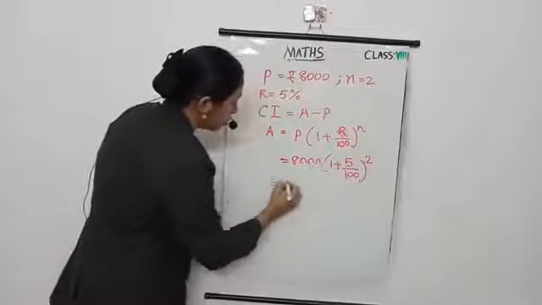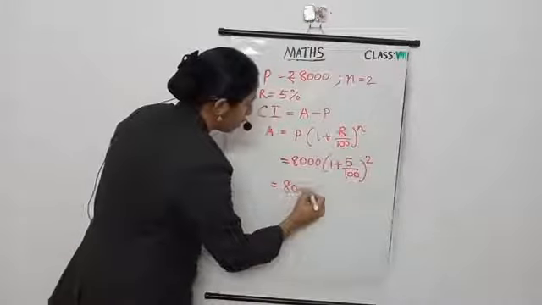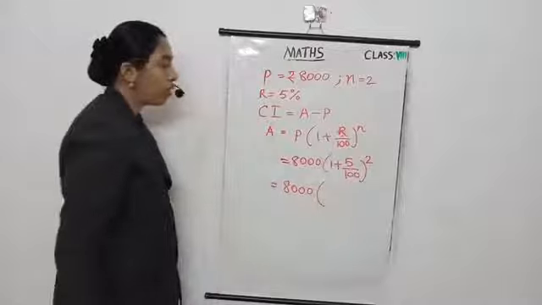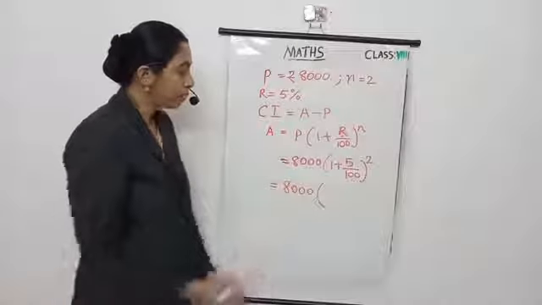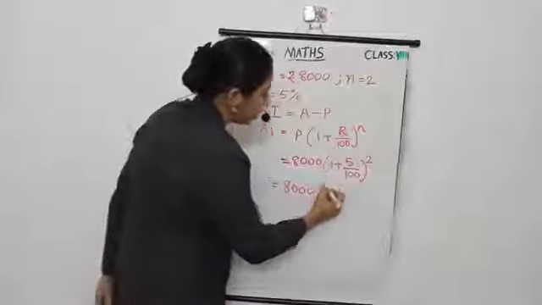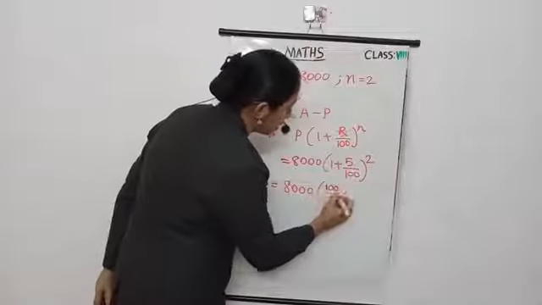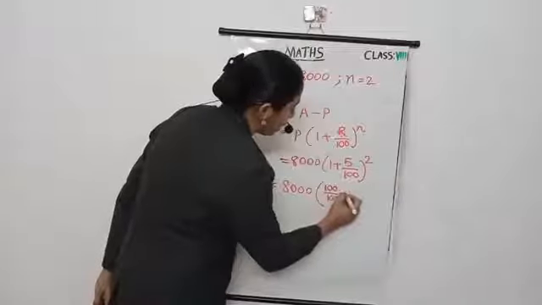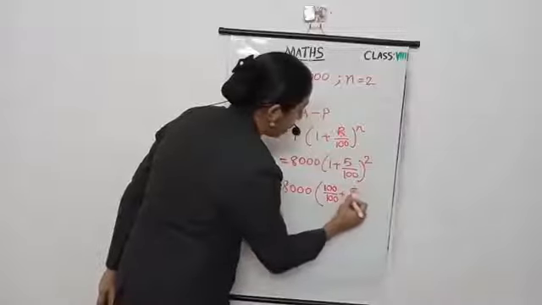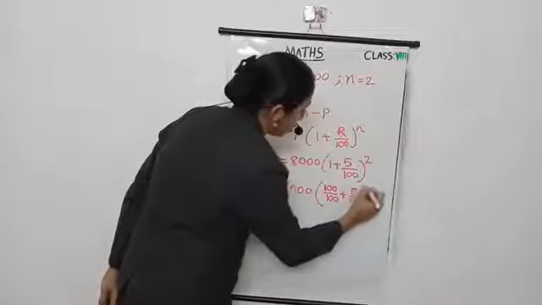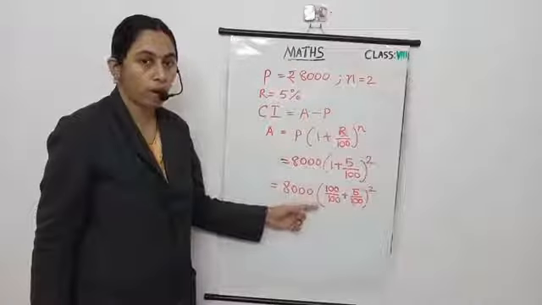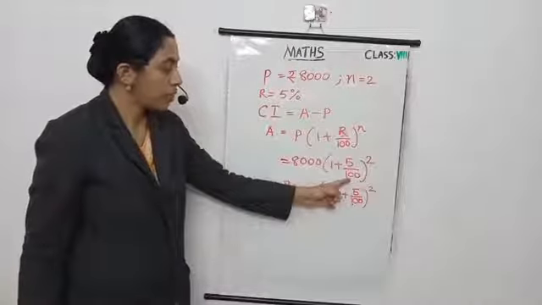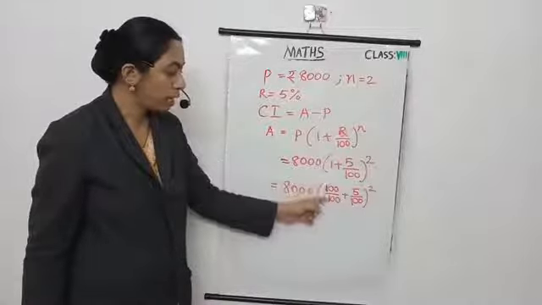This is equal to 8,000 into 1 plus 5 by 100. We need to make the same denominator, so 1 is replaced with 100 by 100, all raised to square. Why 100 by 100? 100 by 100 is 1 itself. Here the denominator is 100, that's why we write like this.